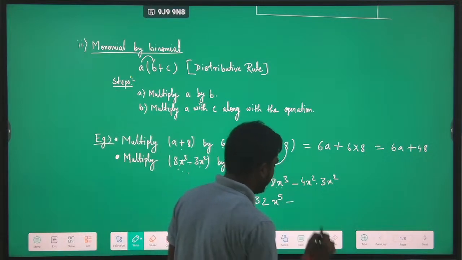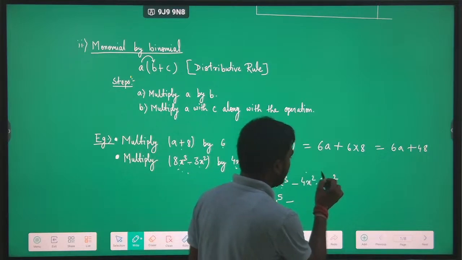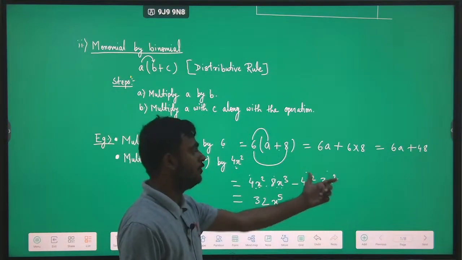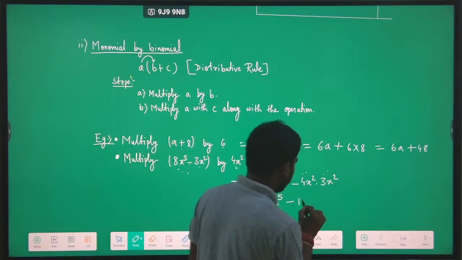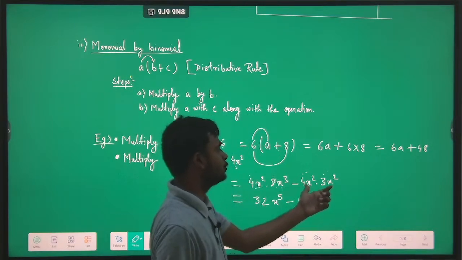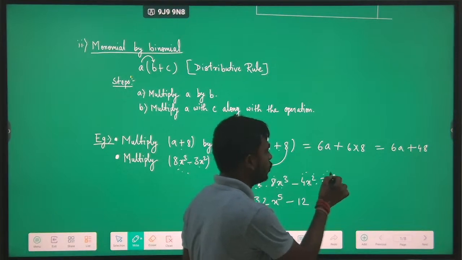Similarly, the operation is subtraction here, and we again have to multiply this 4x square with 3x square, a monomial with another monomial. So we will multiply this 4 with 3, we will get 12. In x square and x square, in both the terms x is the common base and the powers are 2 and 2.